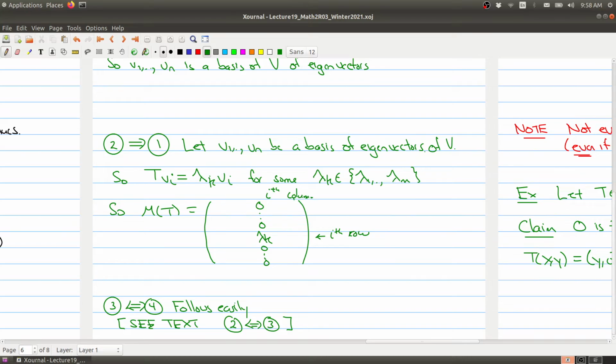This is true for each i. Anytime you hit a diagonal, you get one of the lambdas, and every point off of the diagonal, you're going to have a 0. You're using the fact that I've underlined. So this is a diagonal matrix, which is what we wanted to prove.